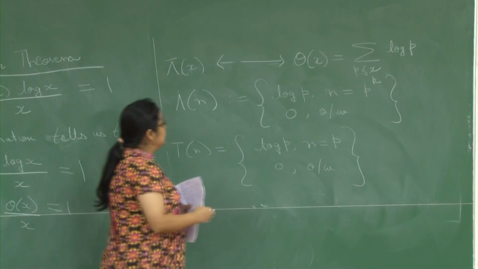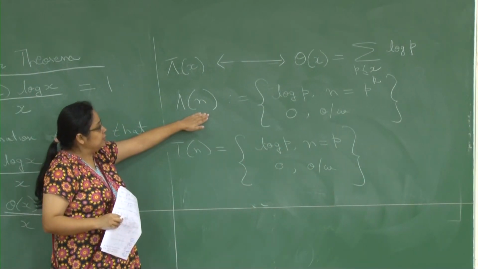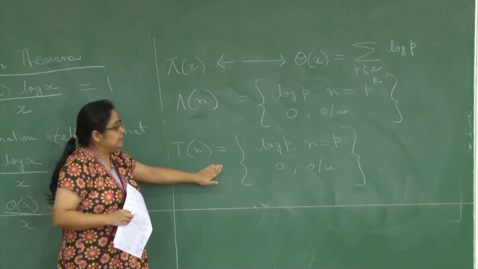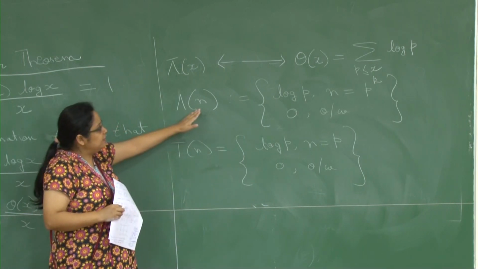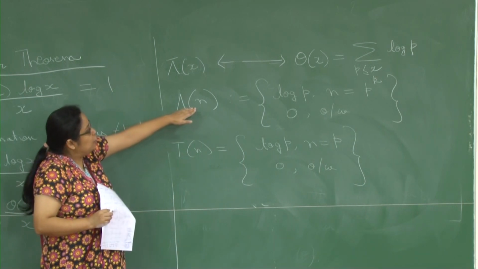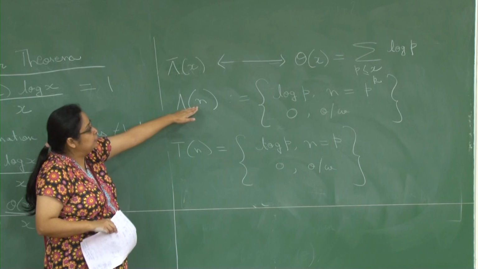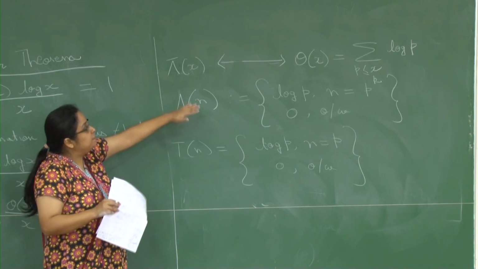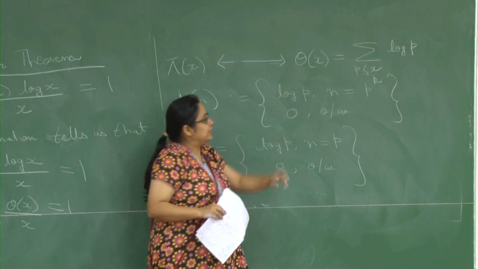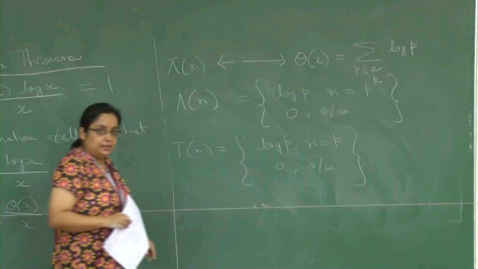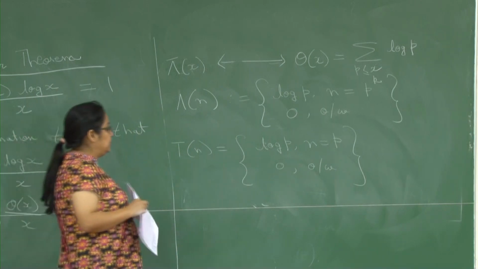So, at the outset, it looks like this function is capturing many more values than this, and we wonder whether asymptotically the sum of lambda of n, as n less than or equal to x, behaves much worse than theta of x, for the simple reason that there are many more values being picked up. That is our concern.